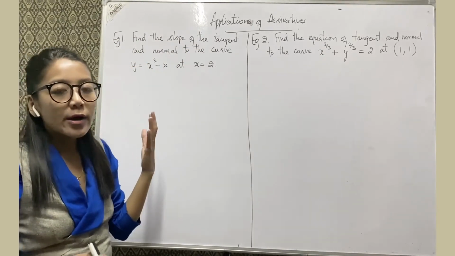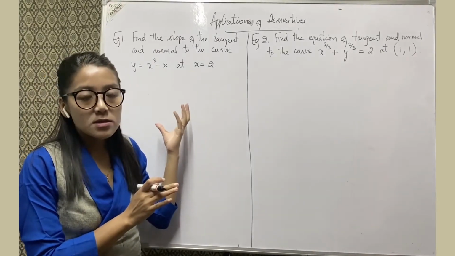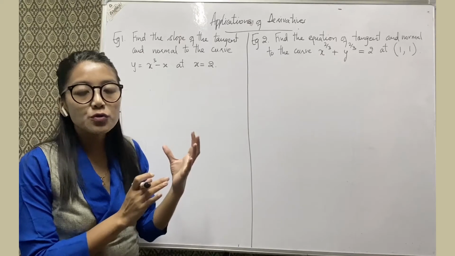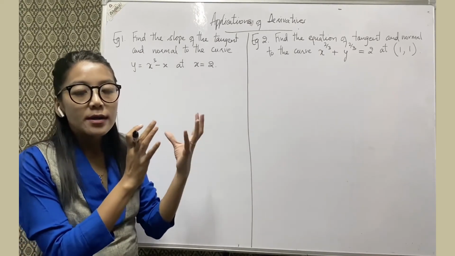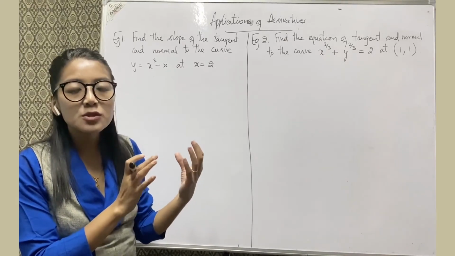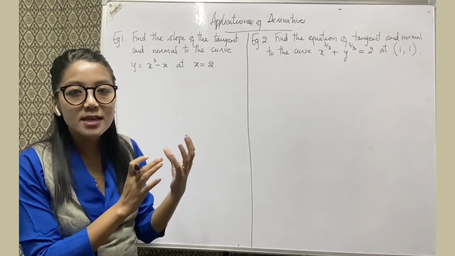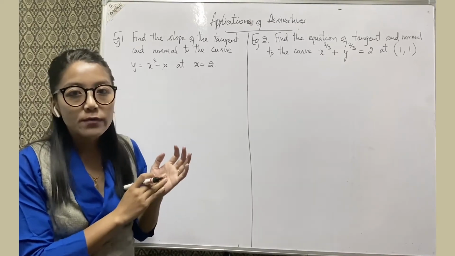So I always used to say that whenever you have such questions, first of all you try to understand it using a rough diagram. Okay, so if you can depict this question in a rough diagram, then it means you are clear with the question, you understand the question thoroughly, so then it is very easy for us to solve it, right?